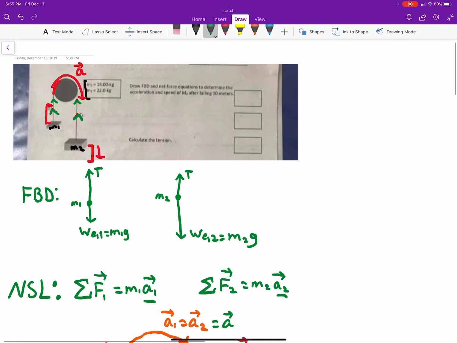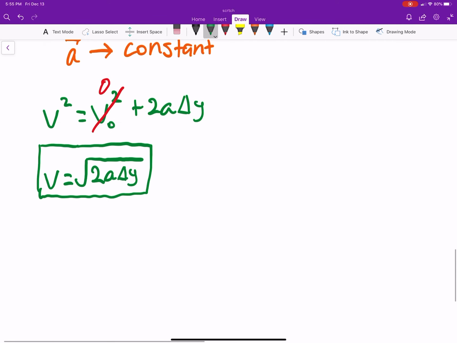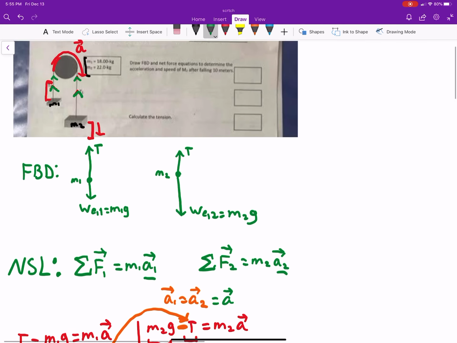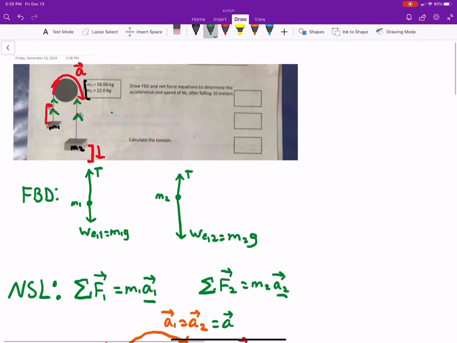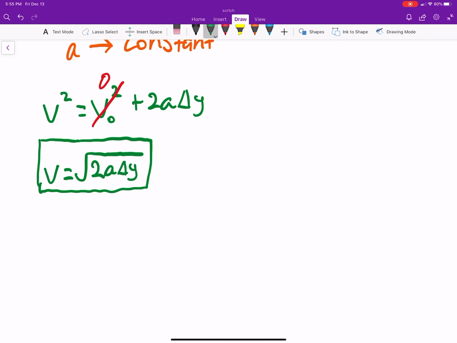So hopefully that makes sense. And depending on if you want down or up to be positive, that'll indicate your direction. So obviously the pulley is moving down, so maybe you let this be positive. It's up to you. But that's your number. That'll just dictate your sign. If you let up be positive, then this is going to be a negative number. You're going down.